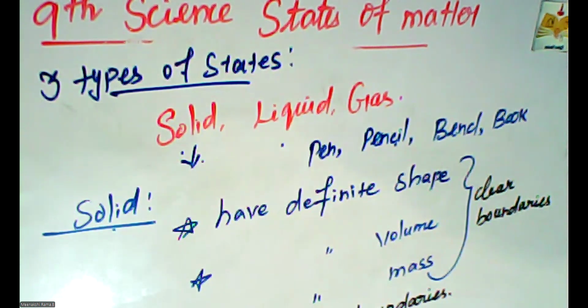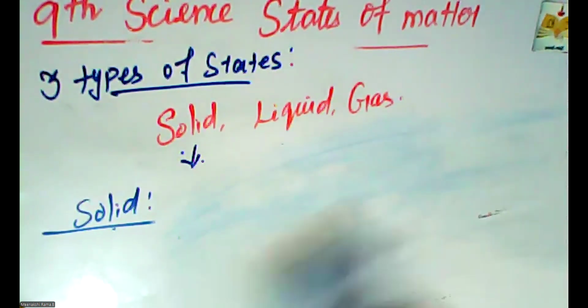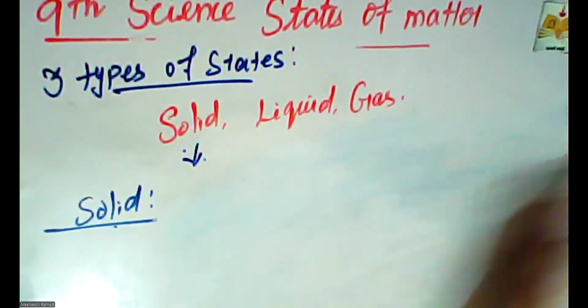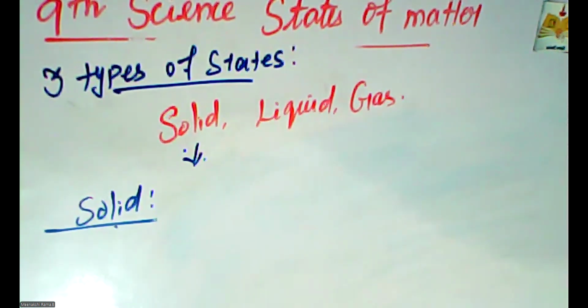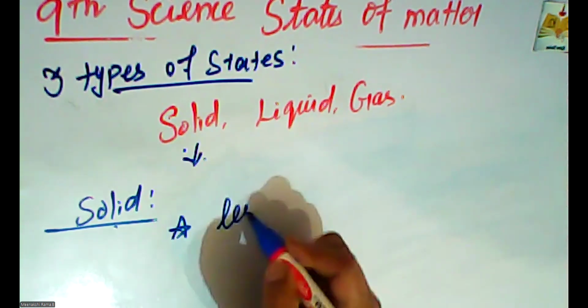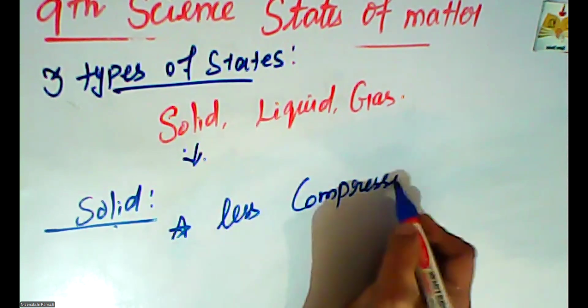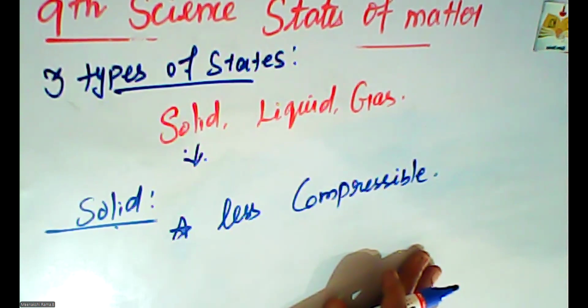Another important property of solids is less compressibility. We can't break the material easily, so solid state materials are less compressible.